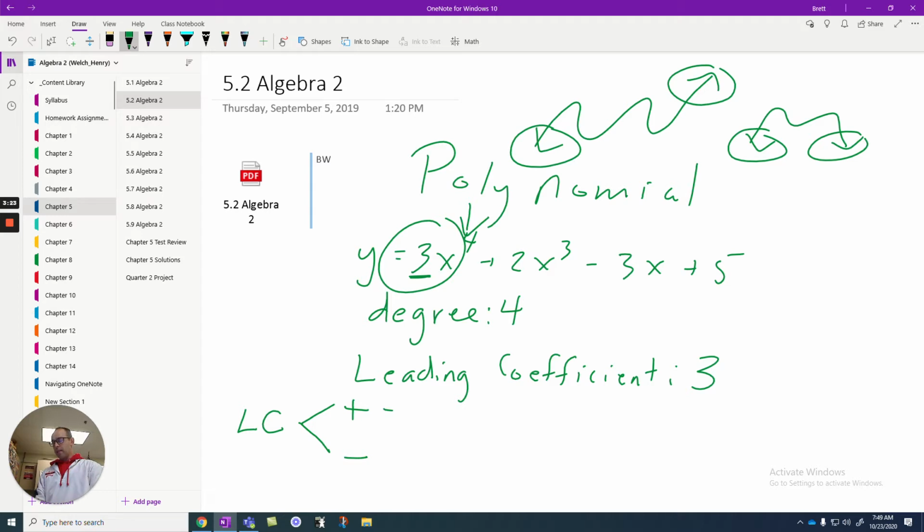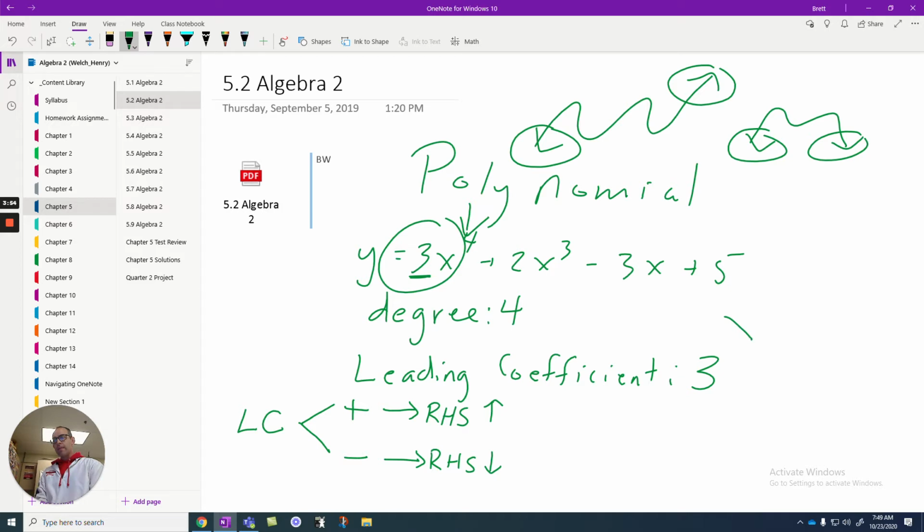If it is positive, that implies that the right-hand side should go up. And this should make sense because if something's positive in general, we expect it to go up the hill. Whereas if it's negative, we can assume that the right-hand side will go down. Now this is really important. The leading coefficient, which is the first thing that I'm looking at, tells me about the right-hand side. Not the left, but the right.